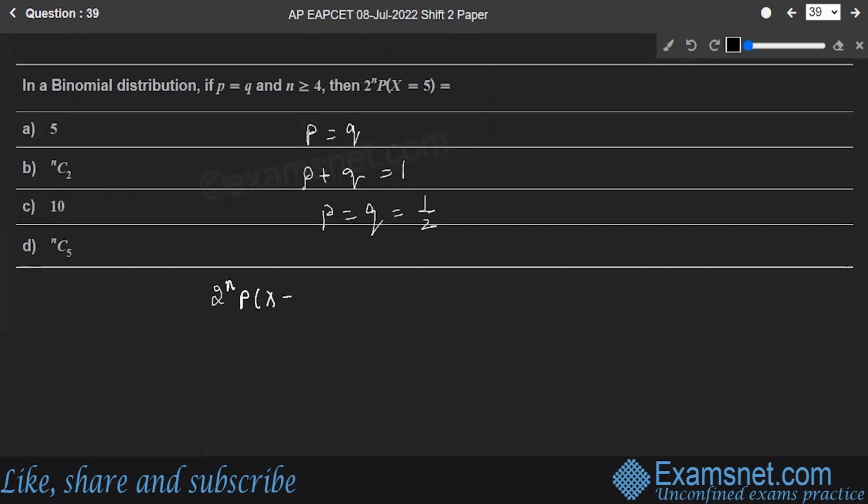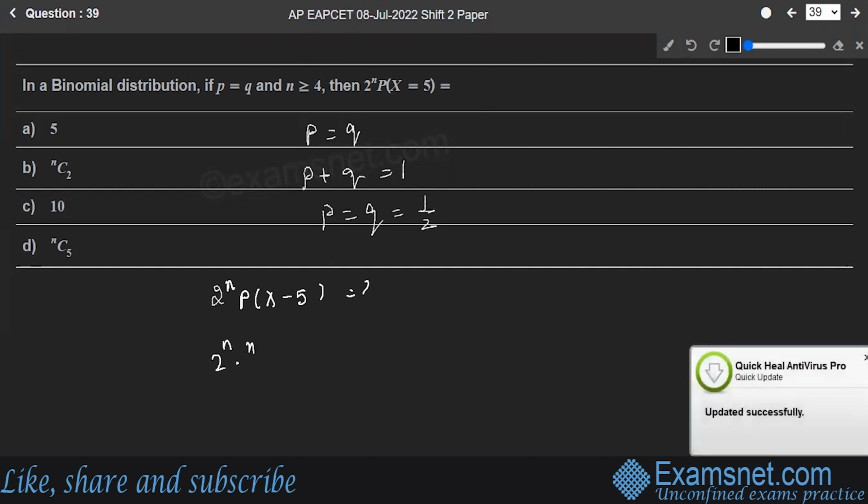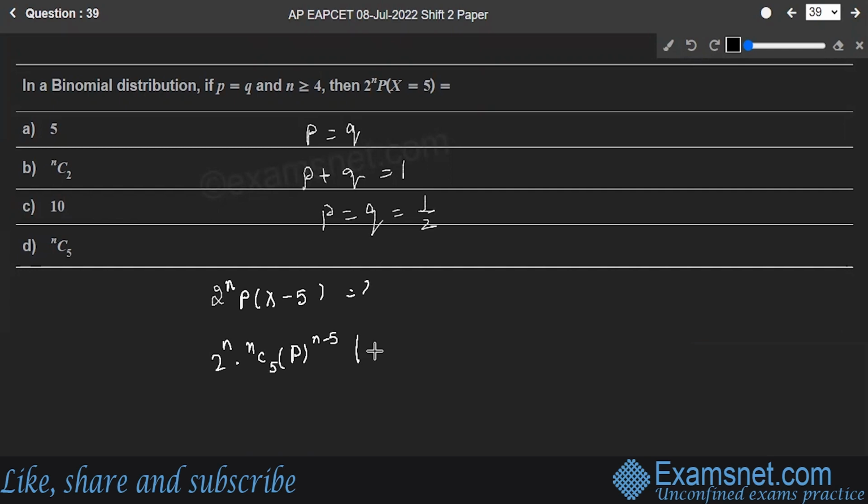Now, 2 raised to power n into P(X = n minus 5) is equal to 2 raised to power n into nC5 p raised to n minus 5 multiplied by q raised to power 5.